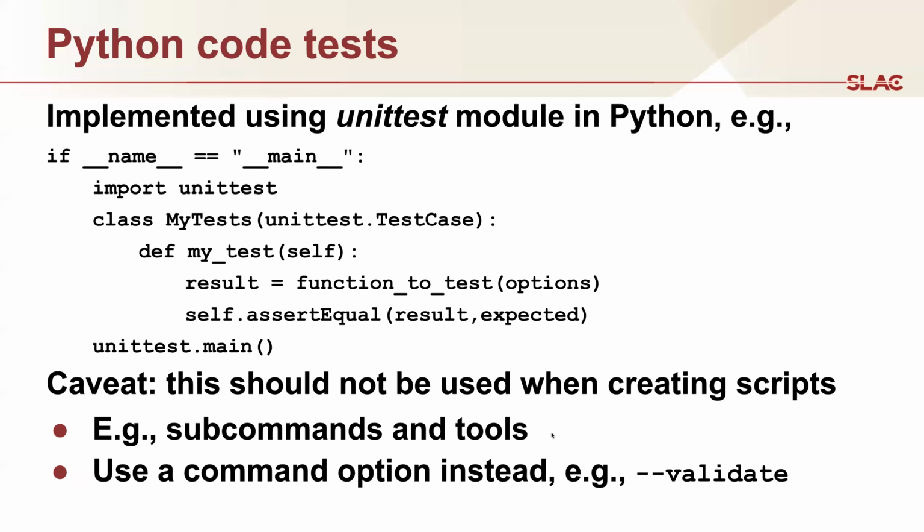So the solution is to simply create a command line option for validate, and typically in Gridlab-D, that's just the --validate command line option. This is really only an issue for subcommands and tools. So if you're creating a subcommand or a tool, then this sort of standard unit test mechanism isn't going to work, and you'll have to create a command line option to conduct the unit test instead.